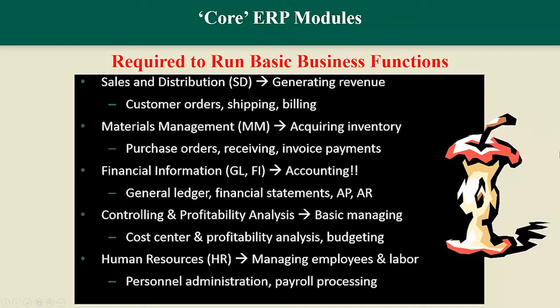Okay, so what do we mean by core processes? Right, our core ERP modules. These are the modules required to run the basic business functions in our company. All companies share certain common business processes like generating revenue, incurring expenses, HR and payroll, etc. So here's a list, not complete, but containing some of the major modules for the core modules of the ERP system.